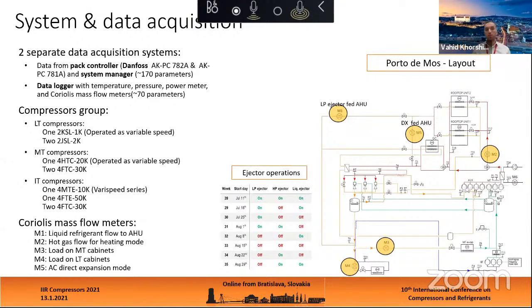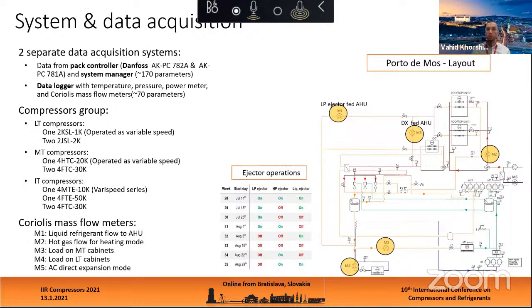It's worth mentioning that the data that we received from the supermarket were coming from 2 major sources: Danfoss Pack Control, that we had HAPC 782 and 781, and the data logger that was collecting data through separate physical sensors. So we had redundancy of sensors for more reliable data collection. And the sensors that we had were mostly temperature, pressure, power meter, and Coriolis mass flow meters.